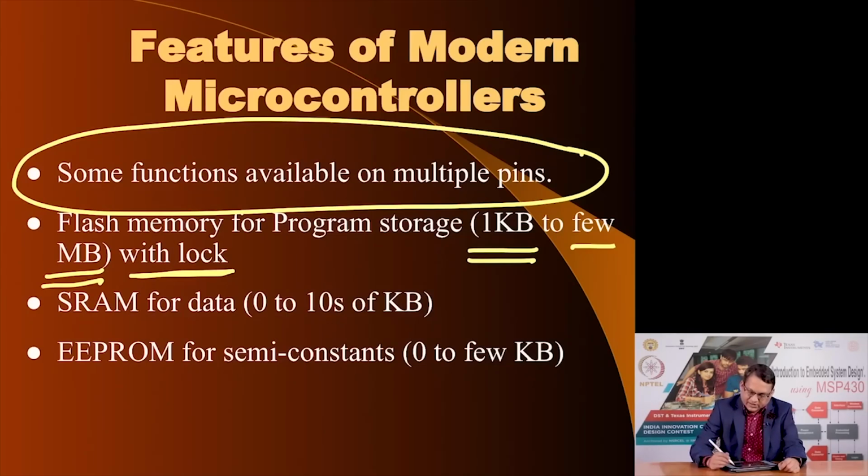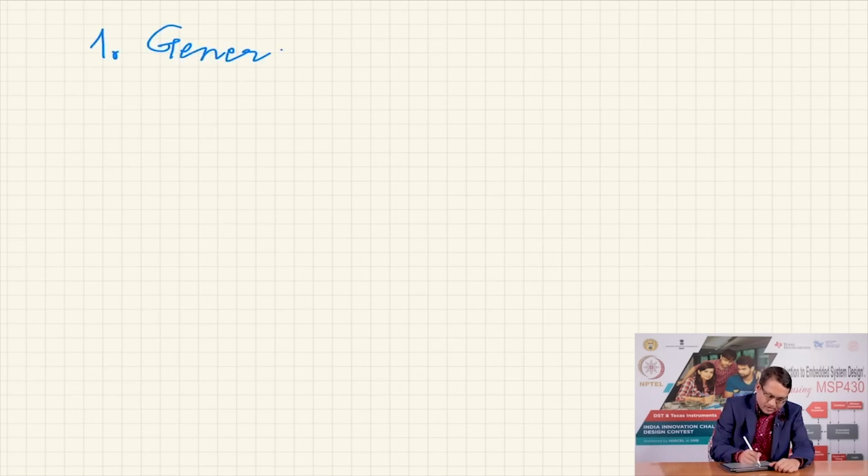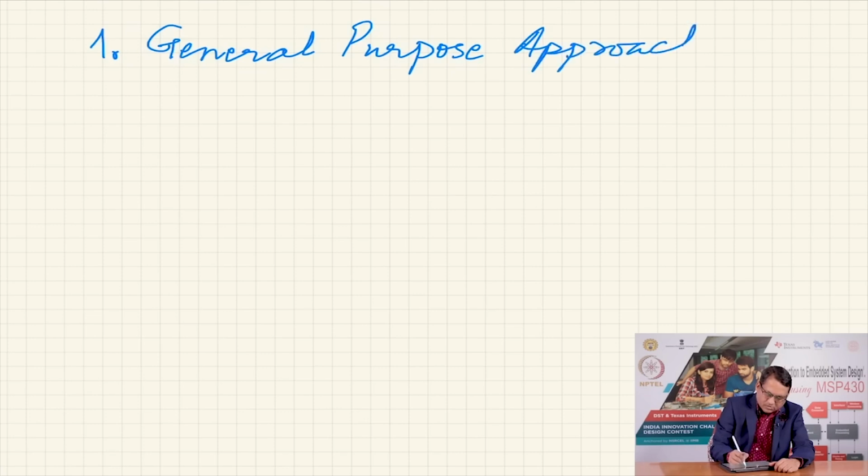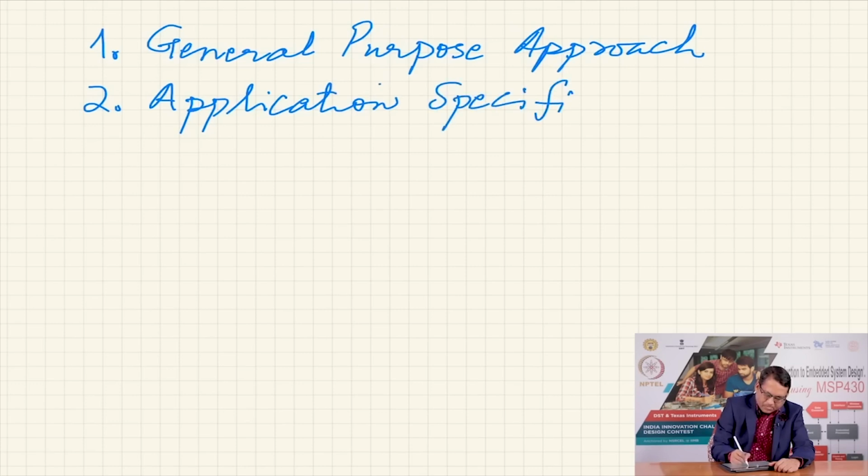Now, let me illustrate this point, especially in the context of the three methods of implementing a given application, the three methods of implementing the embedded computer. You would recall that the first method was the general purpose processor approach, and the second was the application specific processor.